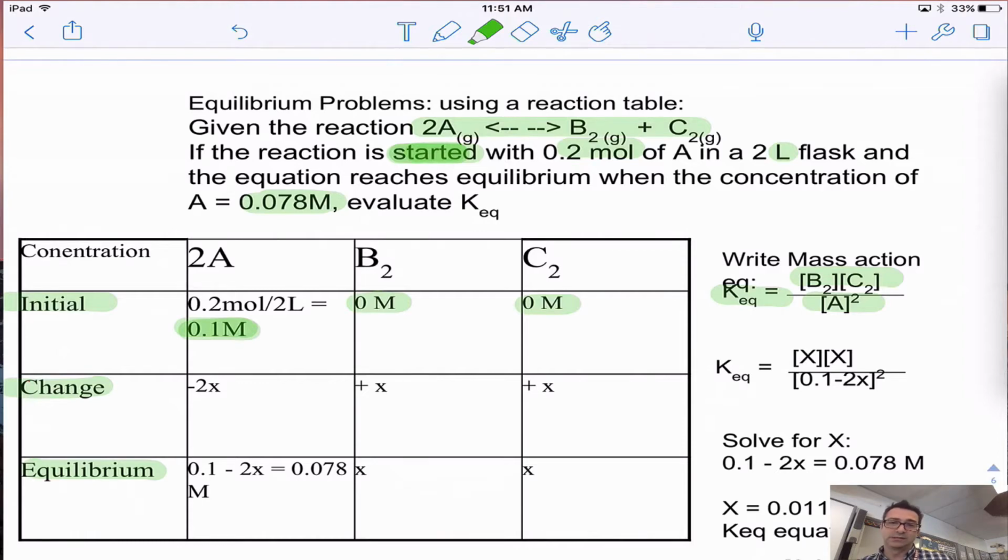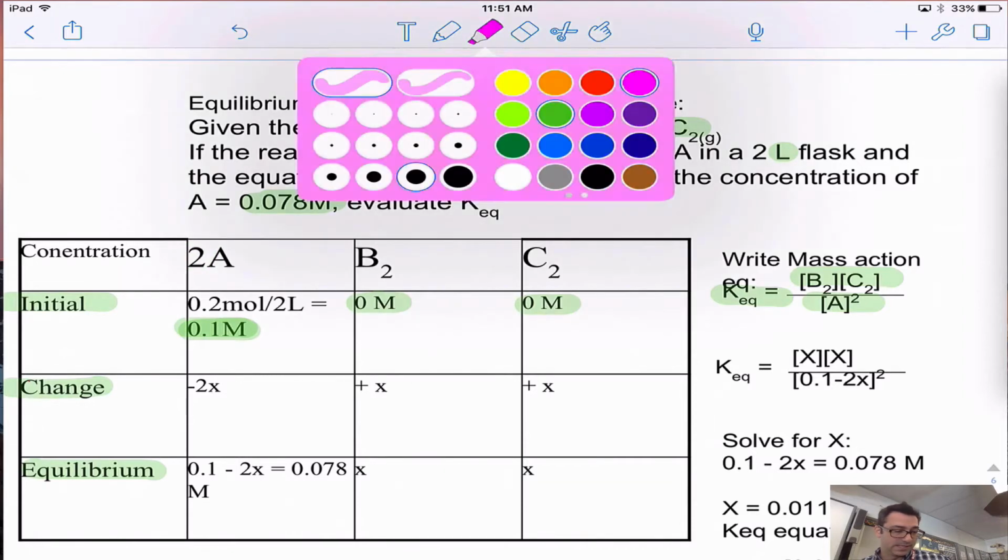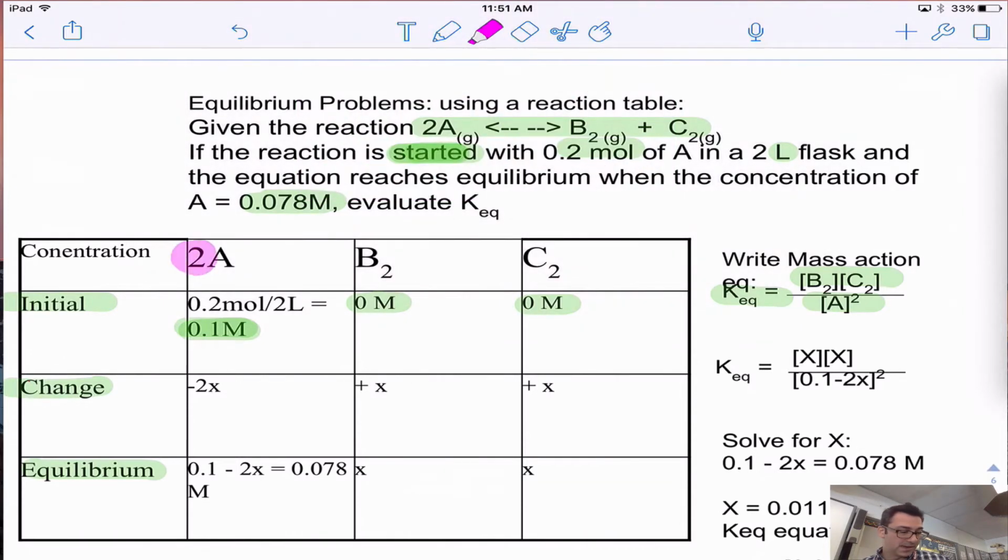I then do the change, and this is where people get confused. In my change, you'll see I have X's here. Notice for A, there's a 2 in front of the A, so there's going to be 2x. Now notice it's minus 2x, and that's because we're using A to make B and C, just like we did in the CHIP lab, where we took the reactants and made them into products.